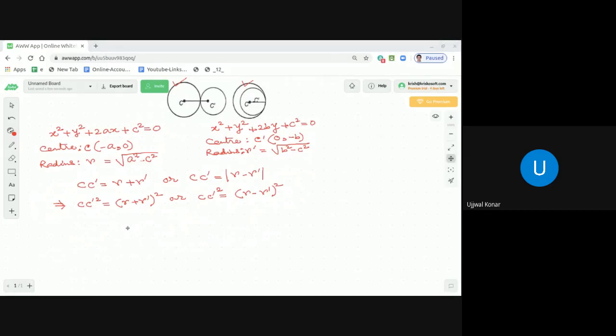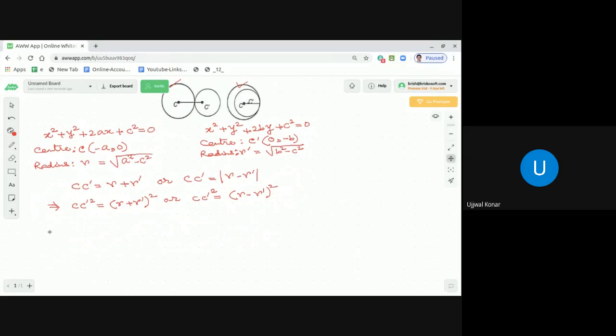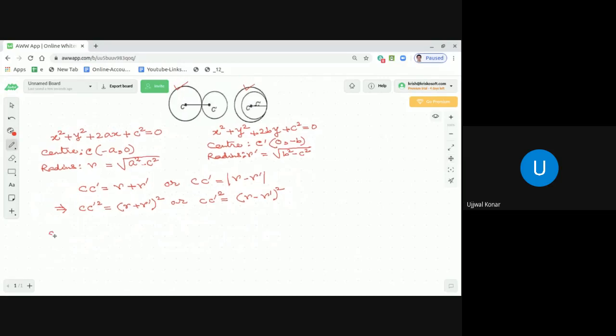If we club these together, then C dash square is equal to R plus minus R dash square. Correct or not?